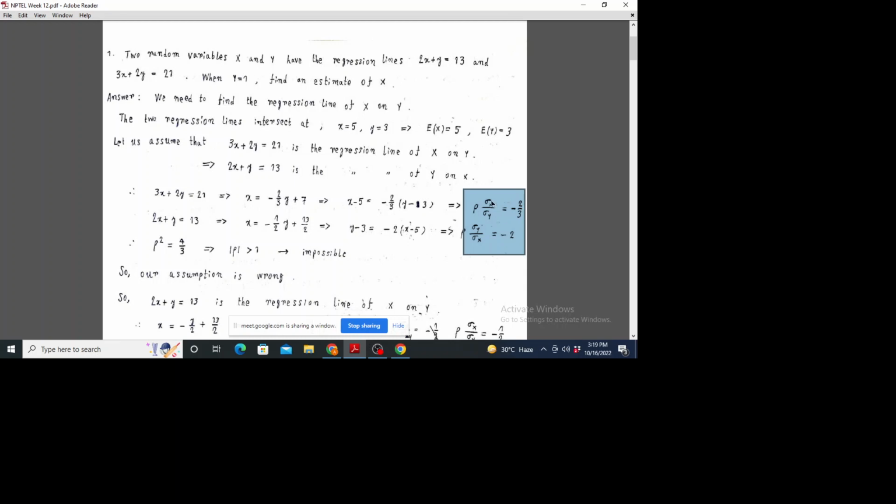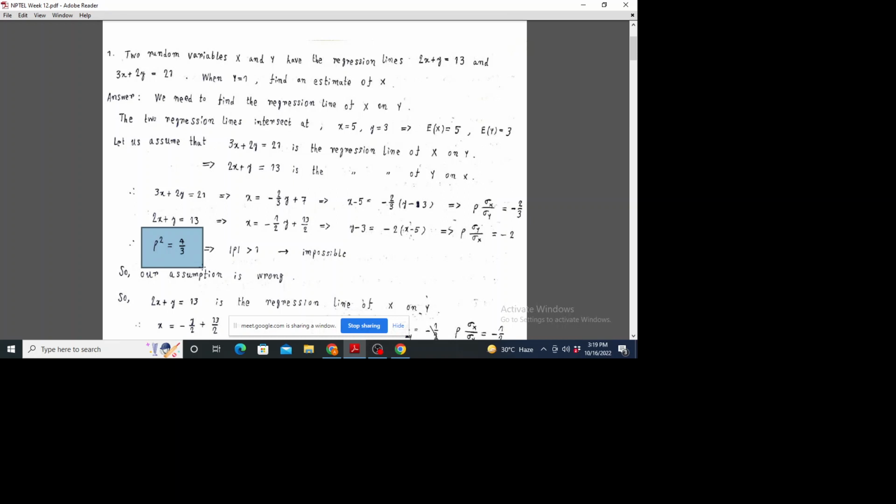Okay, so if we multiply these two equations, in the left hand side you will get rho square, the two other factors cancel each other, and we are left with rho square equal to 4 by 3. But we know that the correlation coefficient rho has to satisfy mod rho less than or equal to 1.